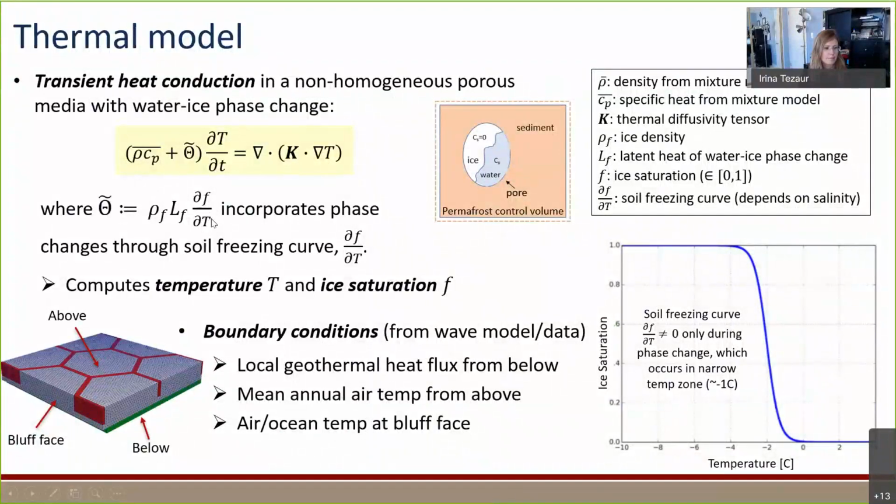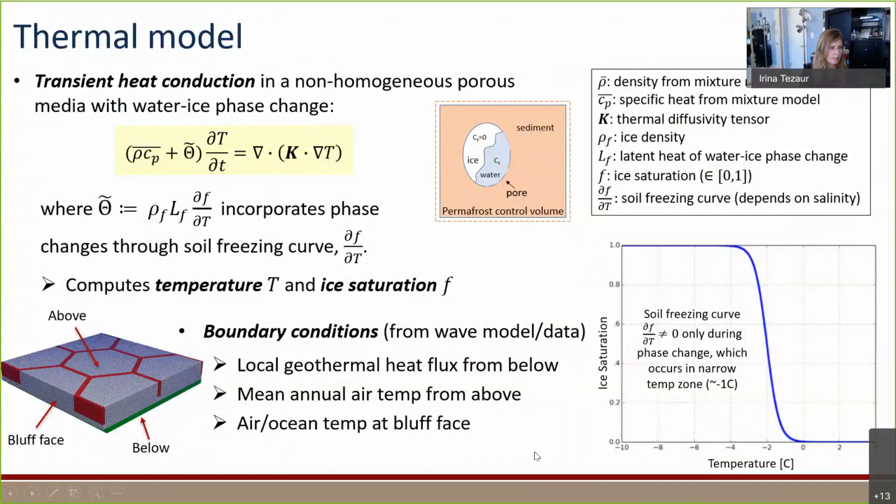This is basically a curve that's only non-zero in a very narrow band, kind of near -1 Celsius, where you're going to have the phase changes. And so the thermal model is where kind of all the interesting boundary conditions are applied from the wave model and from atmospheric data. So we have local geothermal heat flux from below, mean annual air temperature from above, and then air and ocean temperature applied at the bluff face.